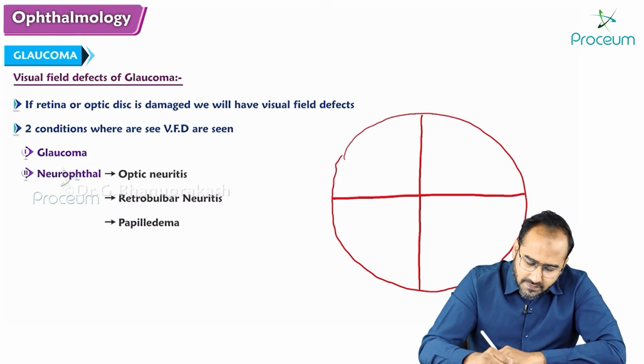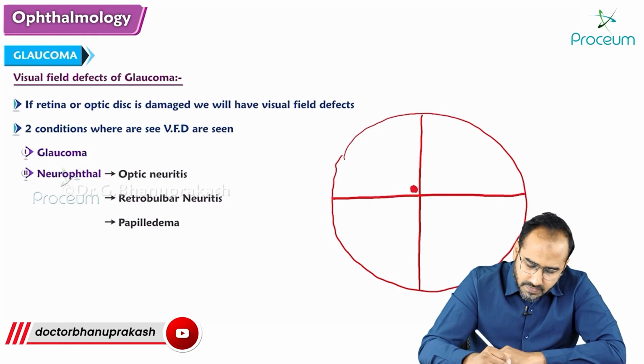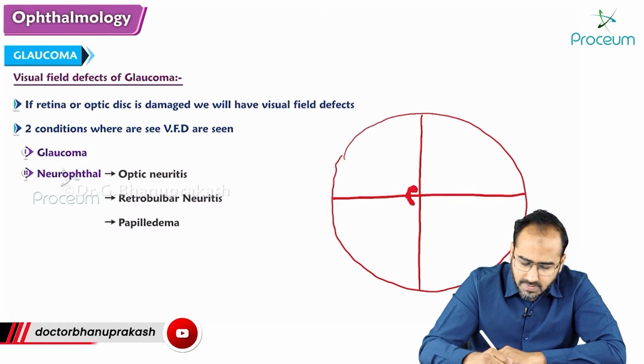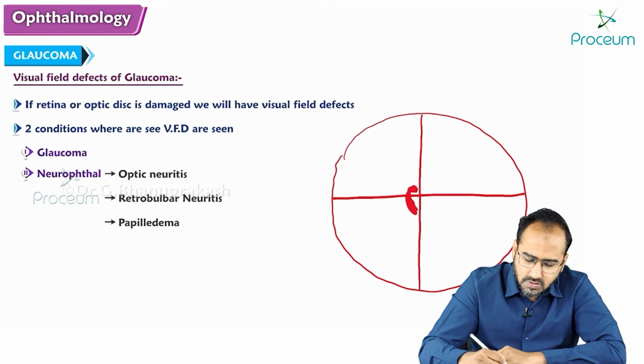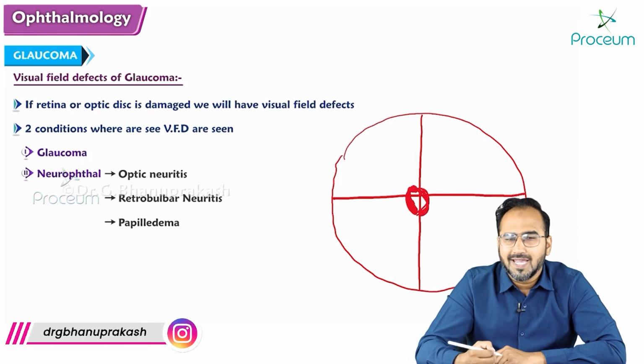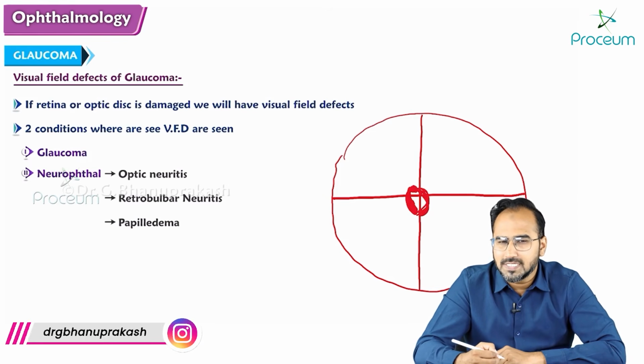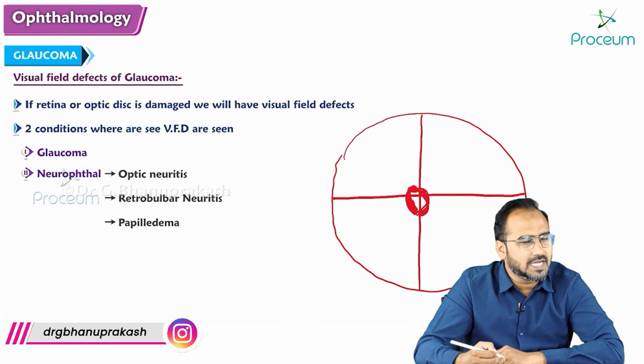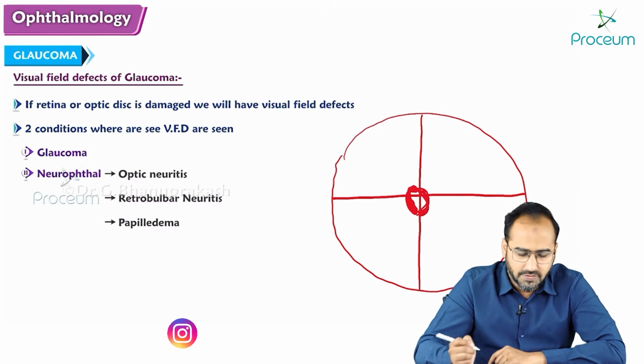The patient will have paracentral scotoma, then pericentral scotoma, then arcuate scotoma, then Seidel scotoma, then double arcuate scotoma. And then what will happen to the vision? There is generalized constriction and generalized depression of the vision.